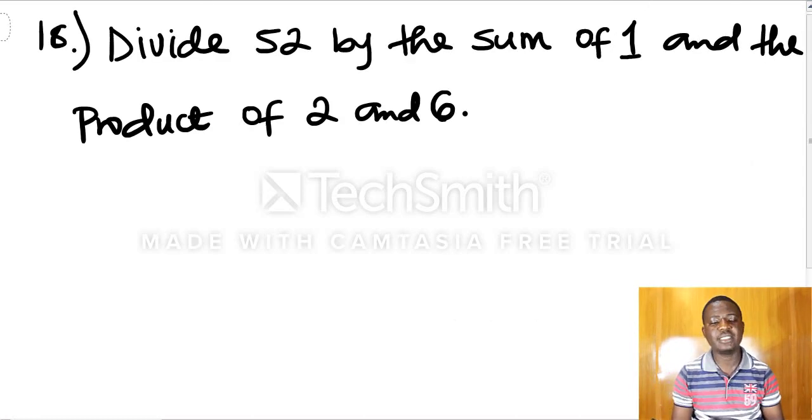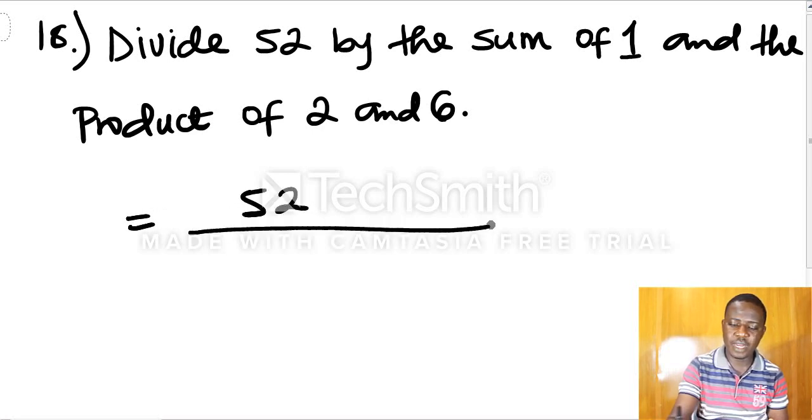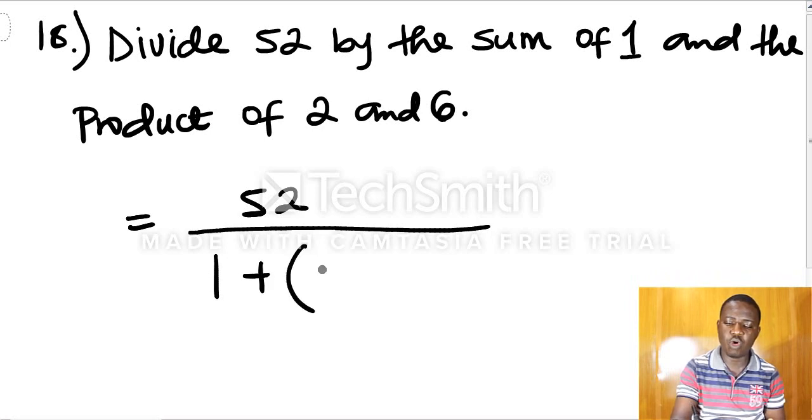Question 18 says divide 52 by the sum of 1 and the product of 2 and 6. This can be interpreted as 52 divided by the sum of 1, that is 1 plus the product of 2 and 6.